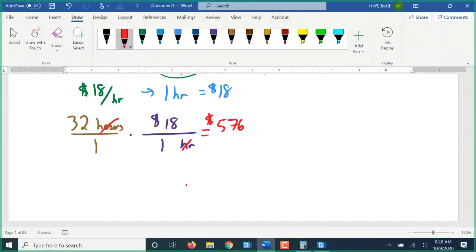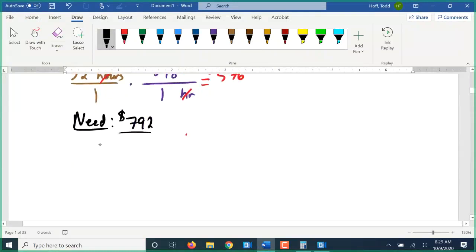Going the other direction, let's see, you know that you need $792, and you want to know how many hours of work that's going to be. Well, you do $792 over 1.